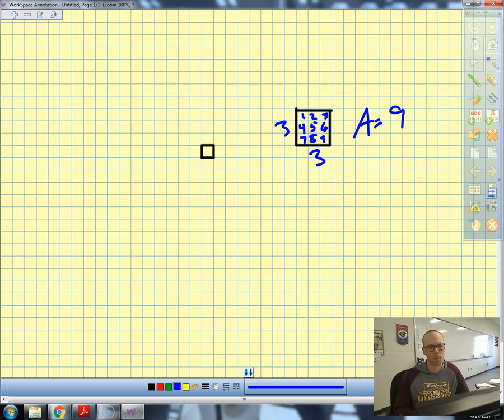So our area formula for this is pretty simple. We are going to take the side length and square it. That's why they called it the second power, squared. It's because really what you're doing is you're finding the area of the square with this as its side length.